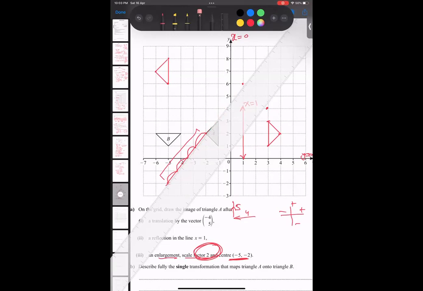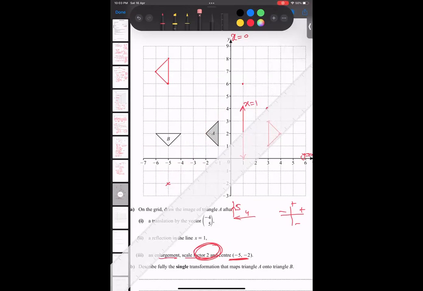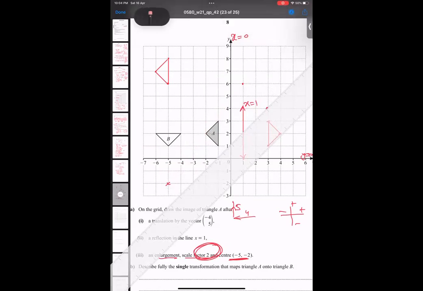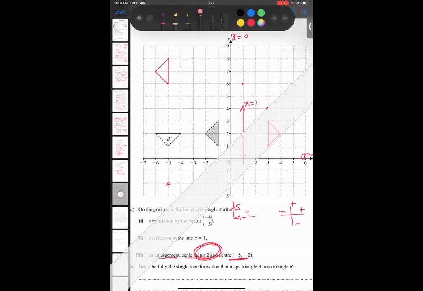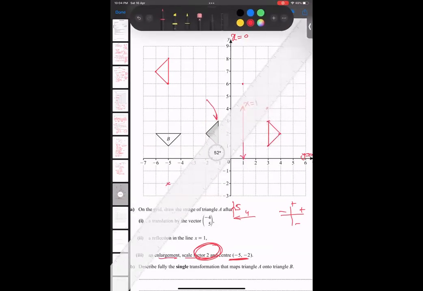So I draw extra lines. Okay, now this is done. Now I focus on this point, and again join it with the center. Now count 1, 2, 3, 4, 5 boxes.